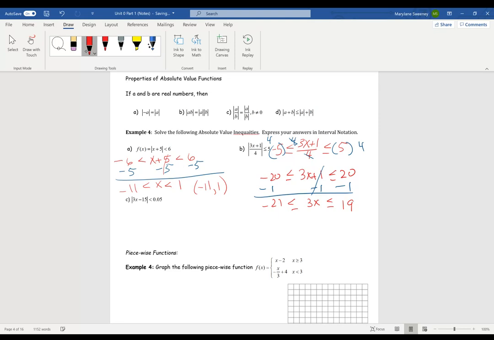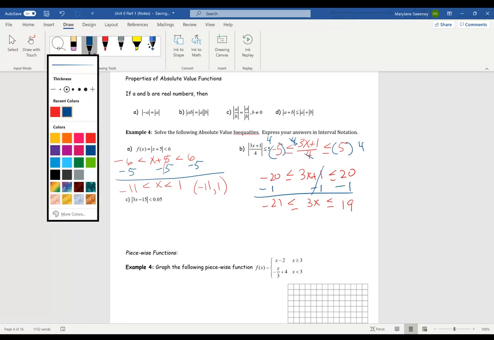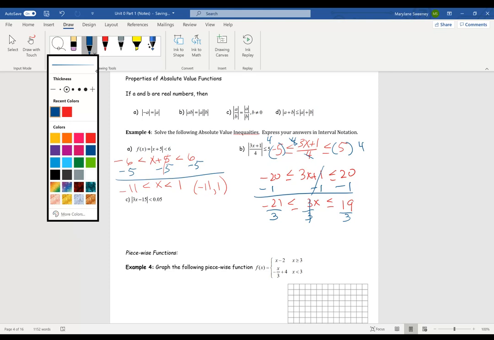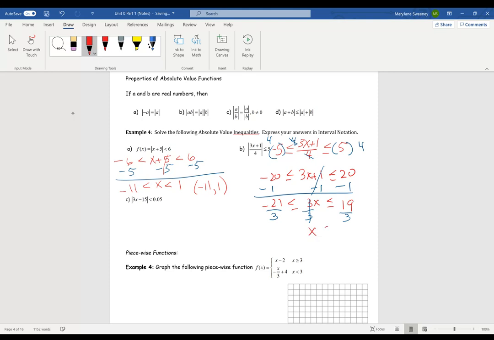And then finally, I would divide by 3. So my answer would be negative 7 is less than or equal to x, which is less than or equal to 19/3. So hard bracket negative 7 to 19/3.